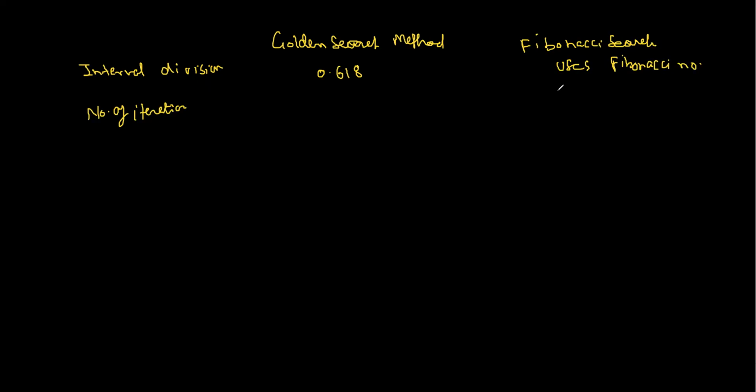Here in the Fibonacci search method, the number of iterations is already fixed before starting the iteration, right? But in golden search it is not fixed. Not fixed in advance, right? Fixed before starting. Fixed.